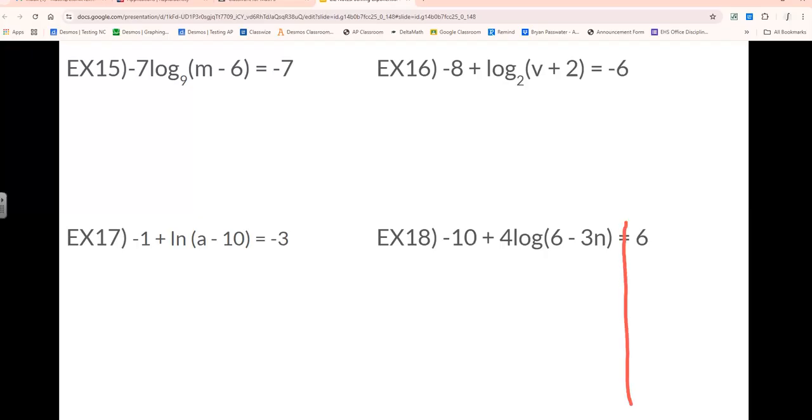So, for 18, this one's got a lot of steps. Jalissa, what would I do first on number 18? Add that 10. So I got 4 log of 6 minus 3n equals 16. Okay. Jamaja, what would come next?